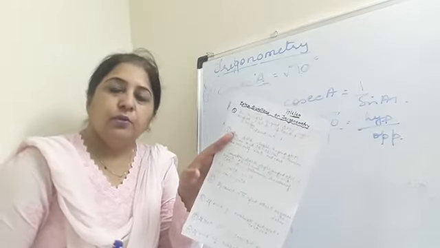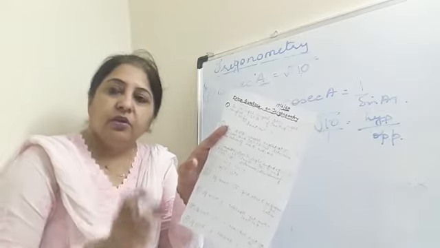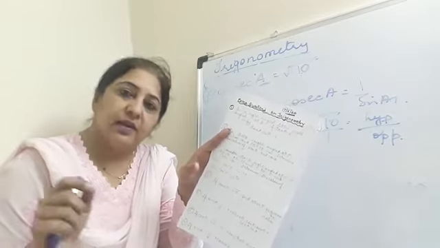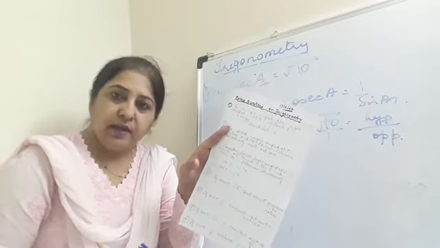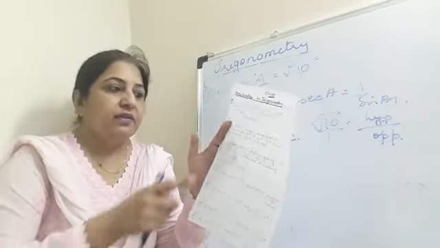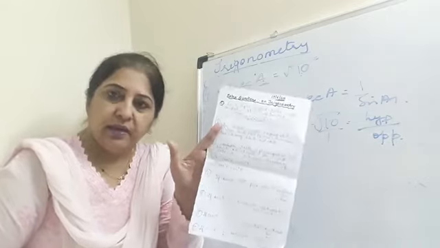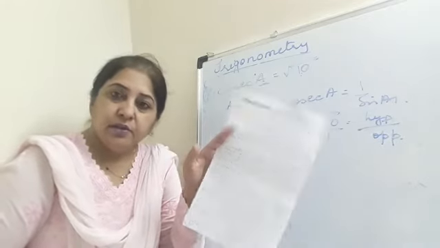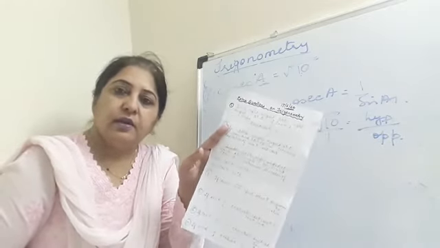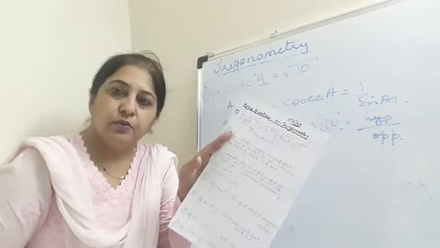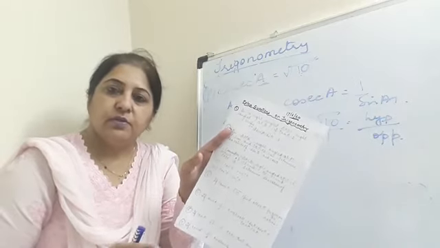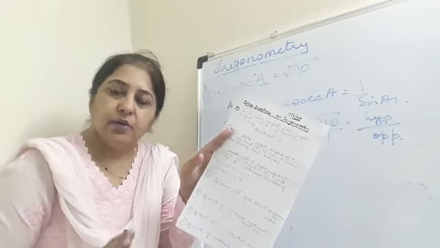So for today I just end here, and I will give you these questions. Try them in the notebook. Ask your doubts if any. Then learn the ratios. Once again I am saying, learn the ratios thoroughly, and we'll continue tomorrow with the trigonometric ratios of some specific angles. Okay? Thank you.